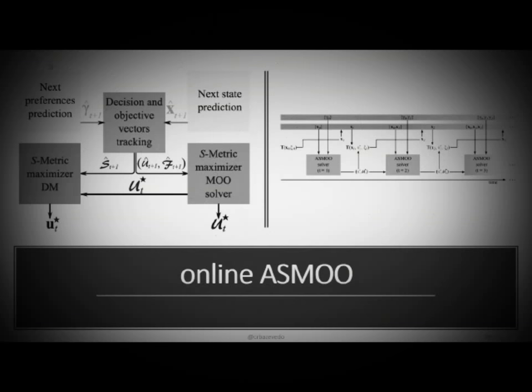From that predicted future set of Pareto optimal solutions, we input that set to the S metric maximizer. S metric is another name for the hypervolume, in which we should select the decision that is predicted to improve your future hypervolume.